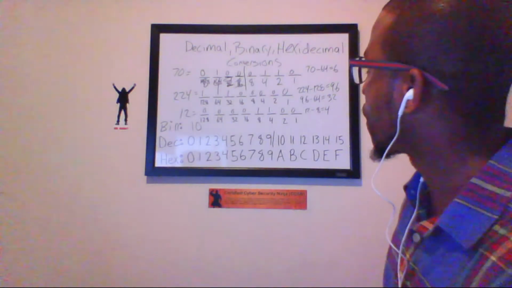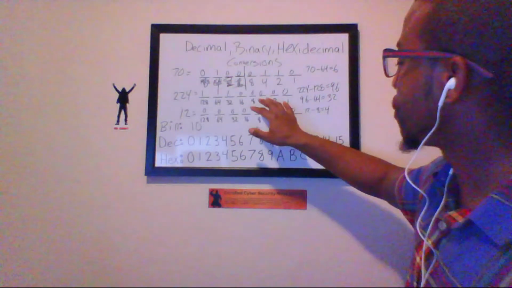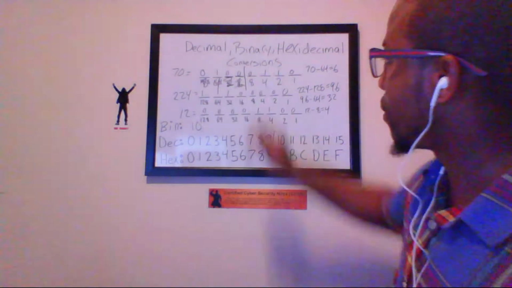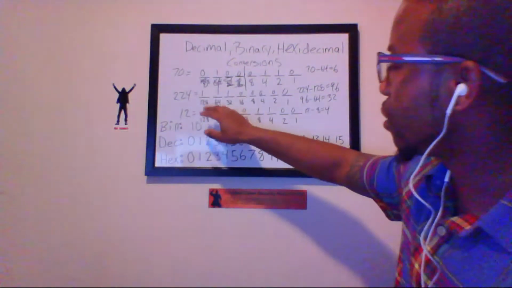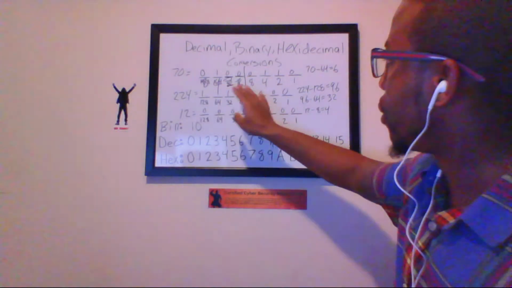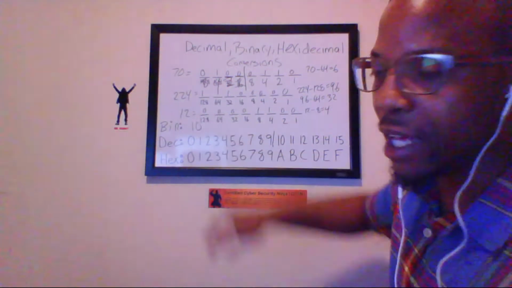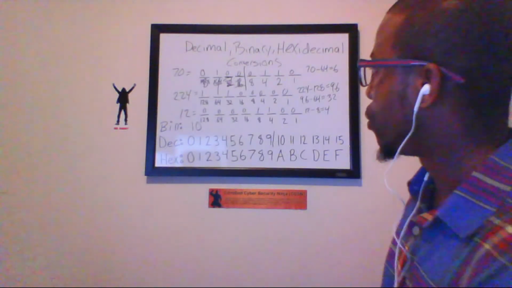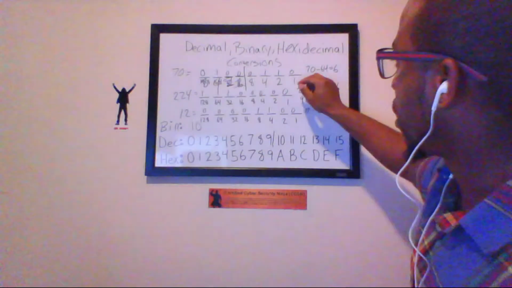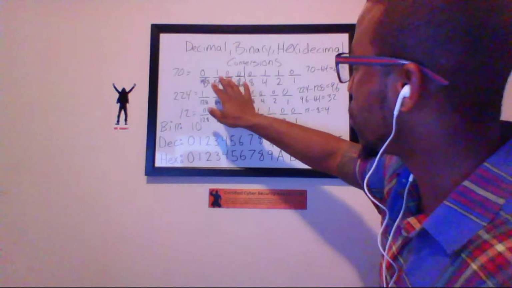So if we want to convert this decimal number into hexadecimal, all we have to do is deal with each side separately. I explained before that 8 bits equals a byte, and 4 bits is actually called a nibble. So you take one side at a time. Let's start here with 1, 2, 4, 8. We're going to add the values on this left side.